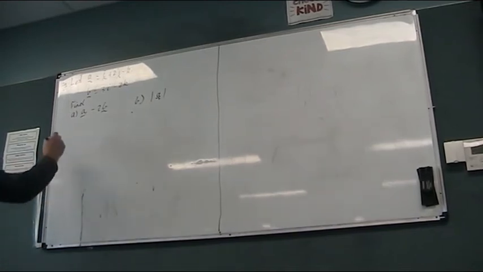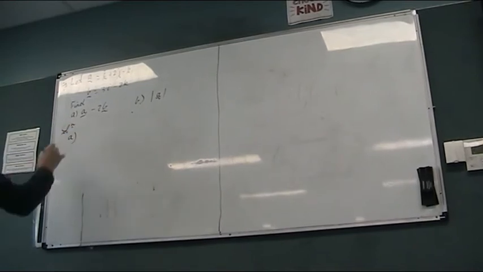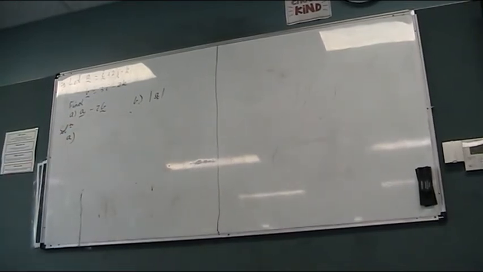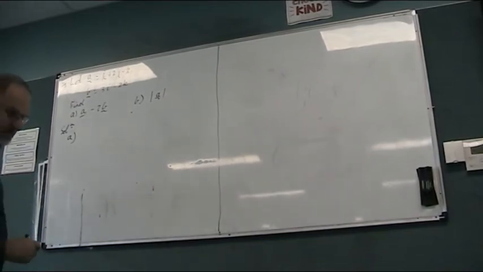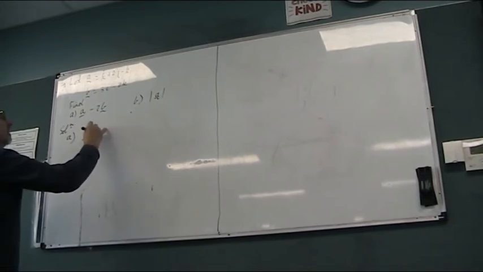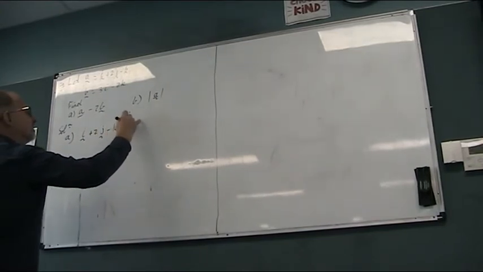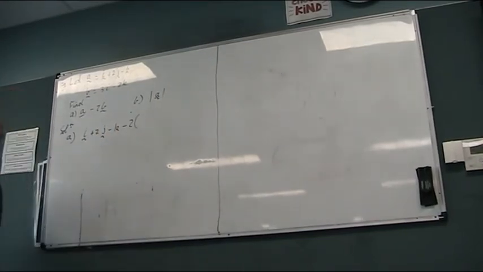Alright, so let's have a look. Part A says vector A minus 2 lots of vector B. So we can write it like this.